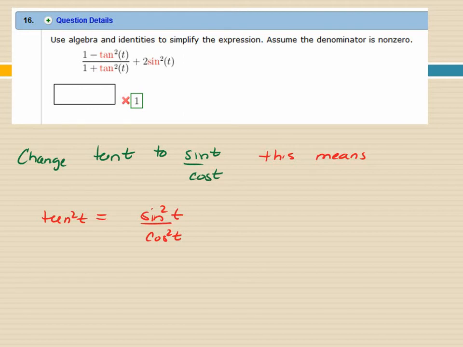So this becomes sine t squared over cosine t squared, which is the same thing as sine squared t over cosine squared t.